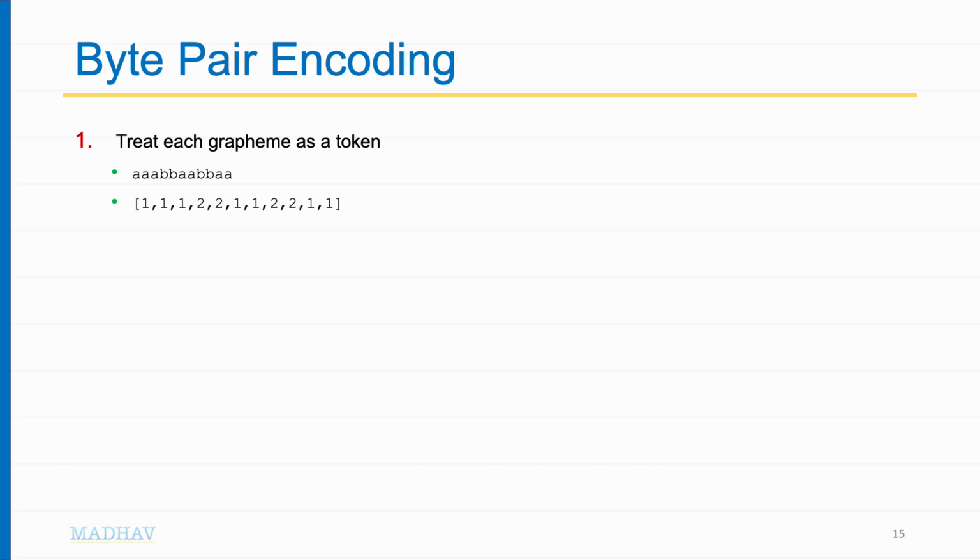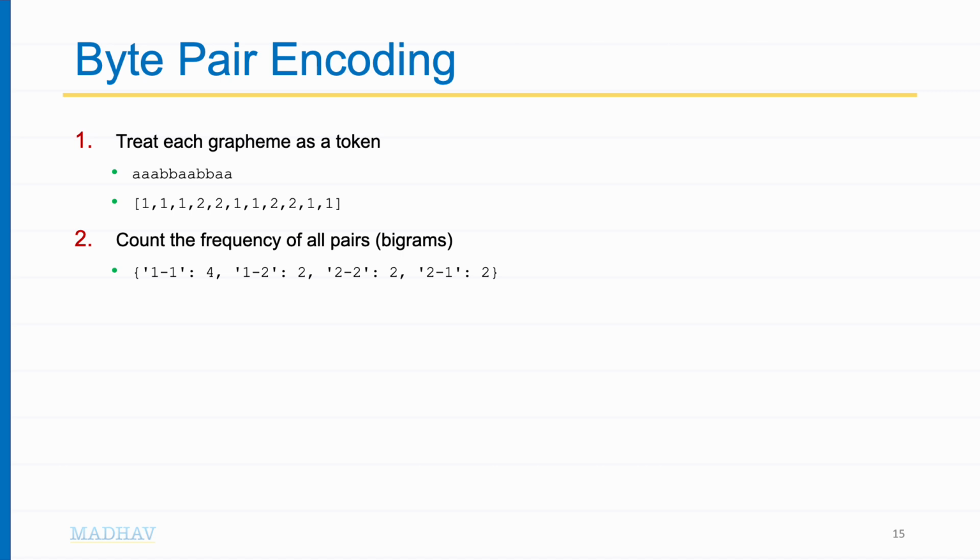First you take the sequence of graphemes, then you make bigrams or pairs. Here, AA is one pair, AA is one pair, AB is the next pair, BB is the next pair, BA is the next pair, like that. And you count their frequencies.